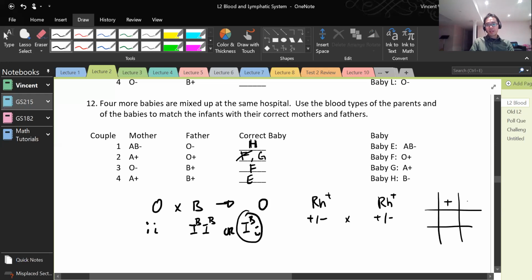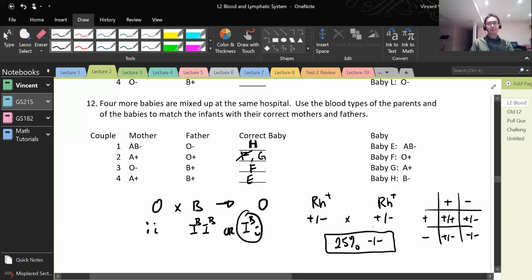Half of it would be positive, half of it would be negative. Same thing for the other parent. And then these two will make positive, negative, and negative. So if they are both heterozygous positive, then there's a 25% chance that their kid is going to be negative.